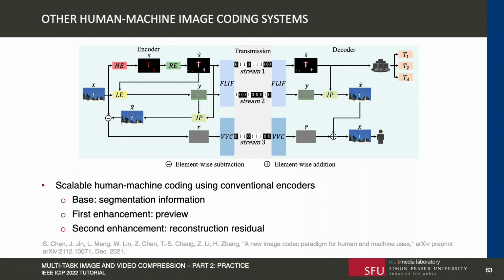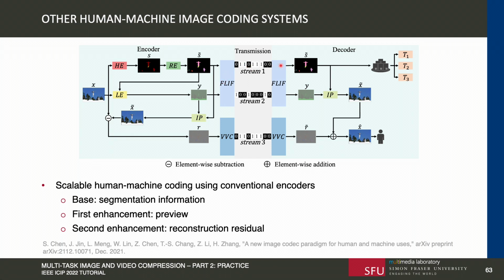So while most multitask coding systems use trainable codecs, here is an example of a system that's based on traditional codecs. So the goal here is to enable various tasks derived from segmentation maps, and so we can think of this system as essentially having a base layer that encodes segmentation information. So that's coded losslessly using FLIF.